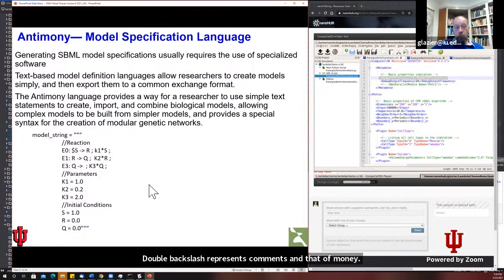Double backslash represents comments in antimony. We can name rate equations. And so here we have rate equation E0.